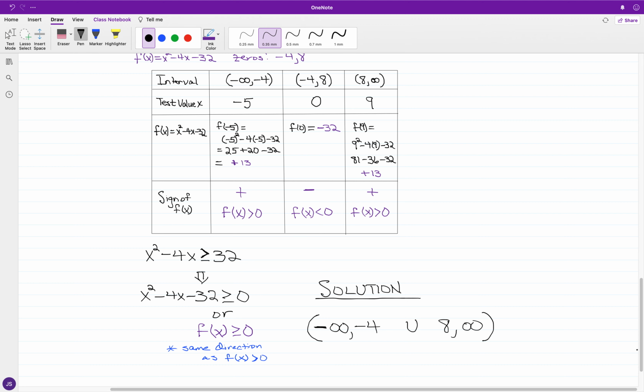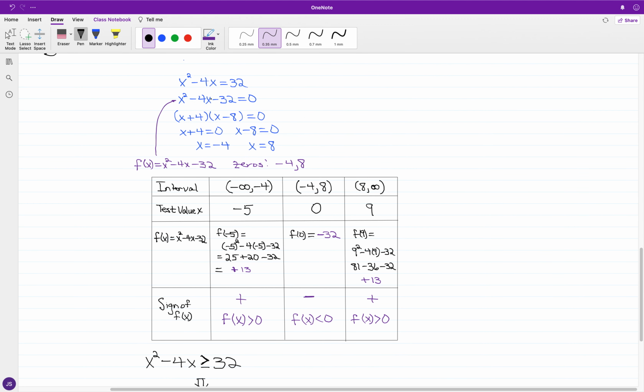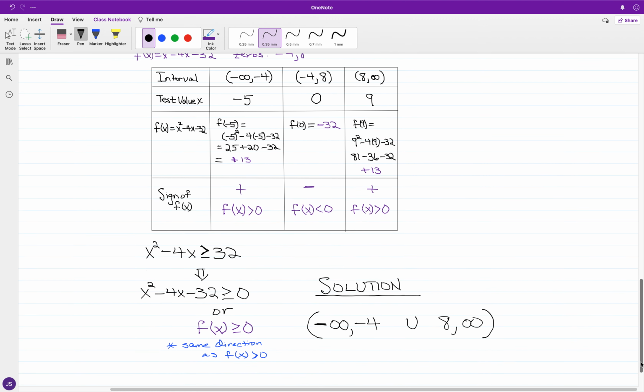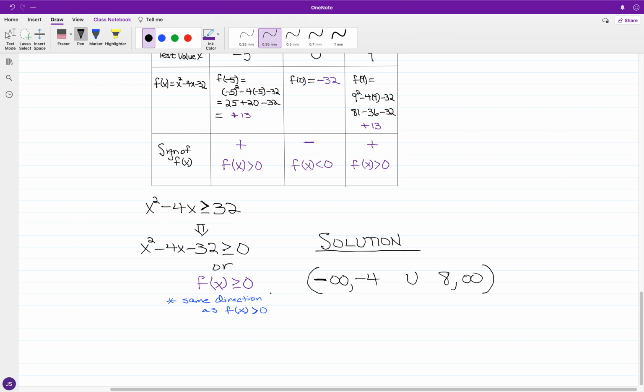And since negative 4 and 8 set this trinomial x squared minus 4x minus 32 to 0, that means that negative 4 and 8 are included, thanks to the equal sign in the statement. So you're going to have brackets around these particular values, and that is going to be your interval solution for this particular inequality statement.